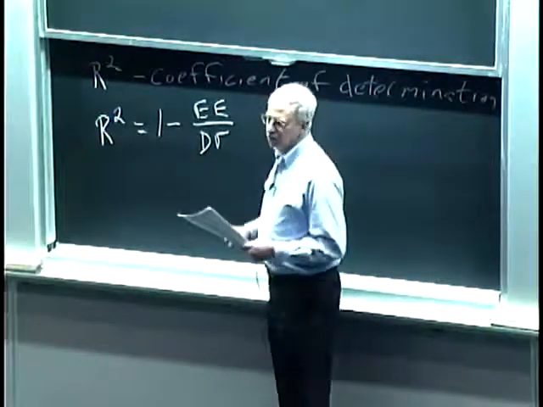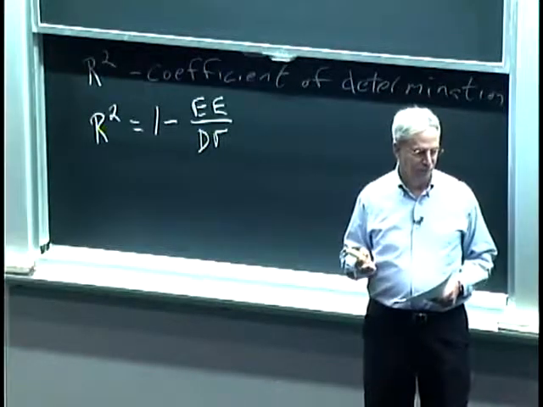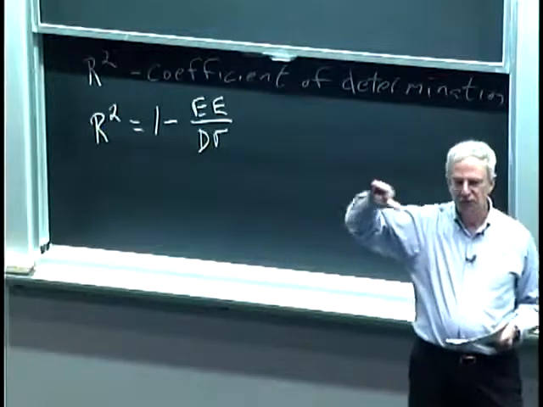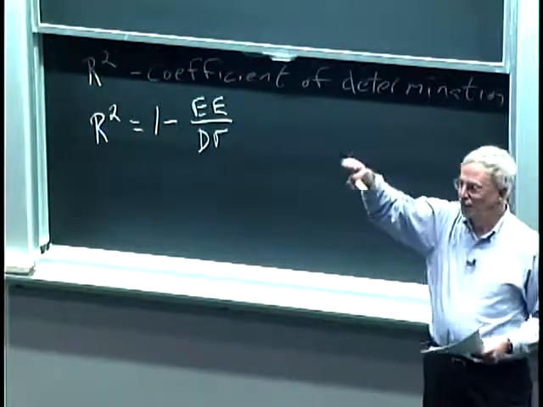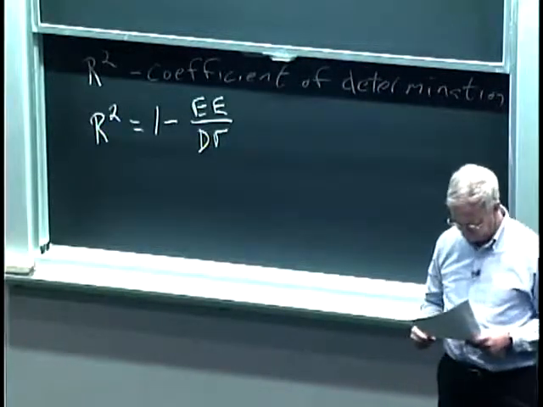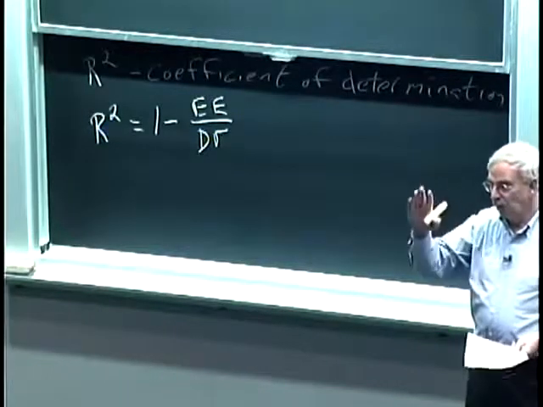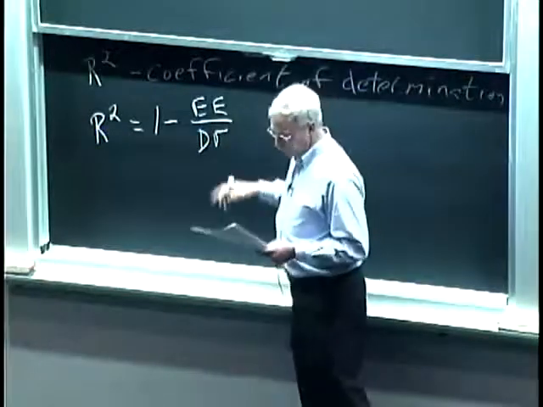EE is going to be the errors in the estimation. So I've got some estimated values, some predicted values, if you will, given to me by the model, either the line or the parabola in this case. And I've got some real values corresponding to each of those points, and I can look at the difference between the two.